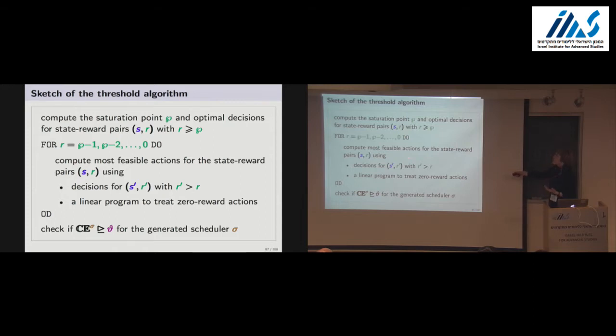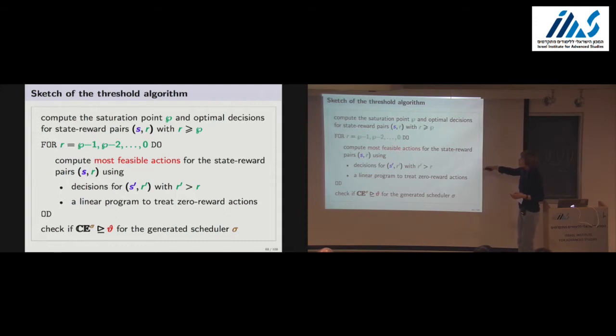Then we compute most feasible actions, and this being most feasible depends on this threshold theta for all the state-reward pairs at this level, where we can reuse the decisions for the higher levels where we already have made some decisions. And well, this is a standard trick to treat zero reward actions. In the end, at this stage, we have some linear programming techniques.